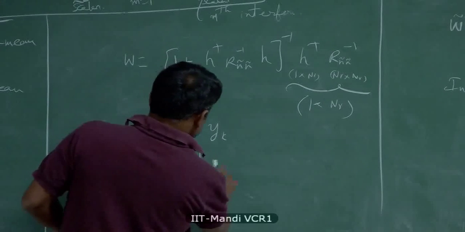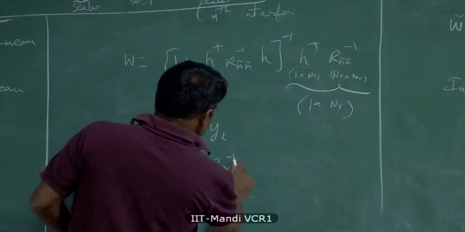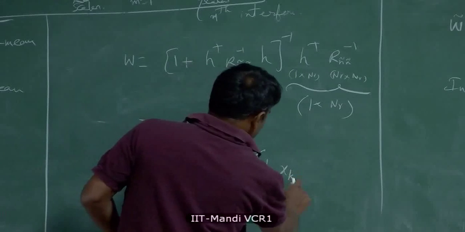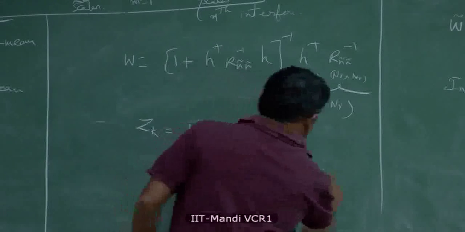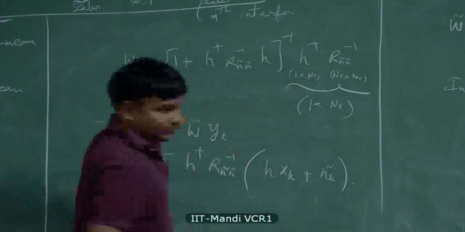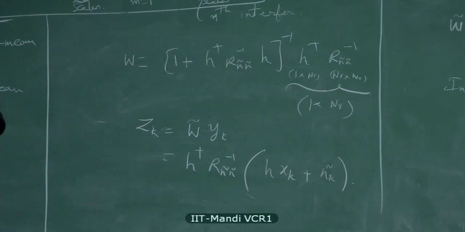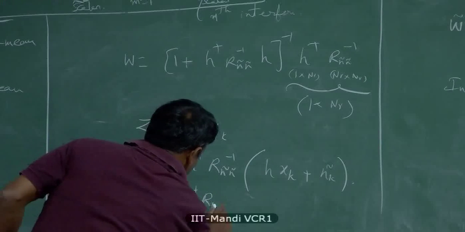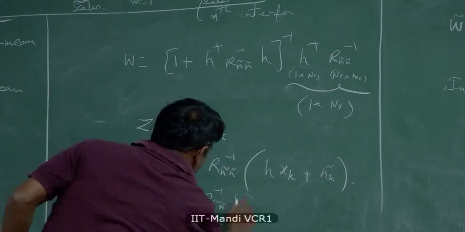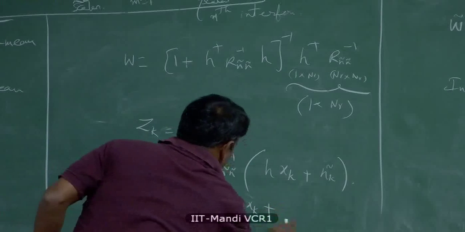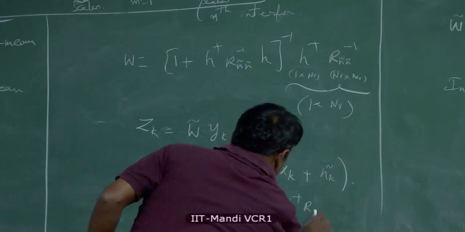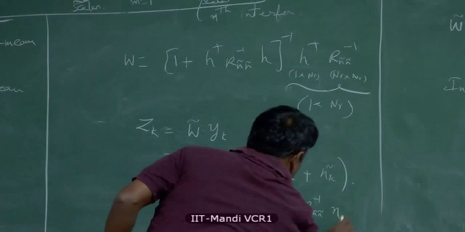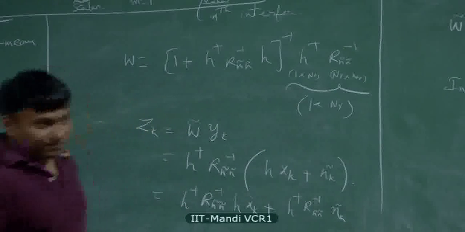H Hermitian Rn tilde inverse H xk plus nk tilde. So expand the terms.